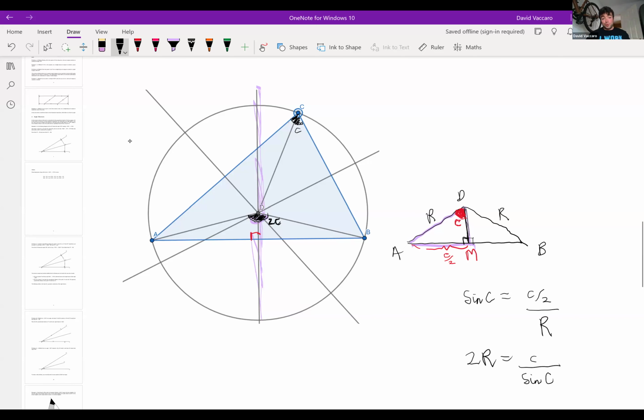Okay, now question for you all. Without doing any extra work whatsoever, can you tell me something else that c over sine C is equal to? And this is an important concept.